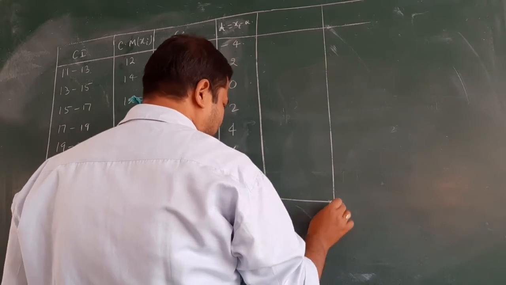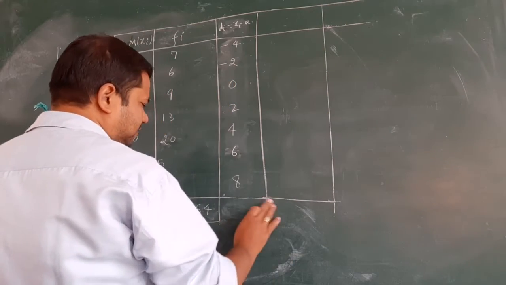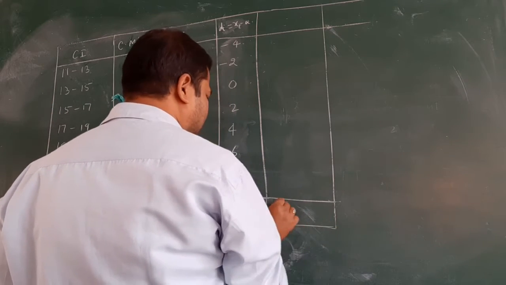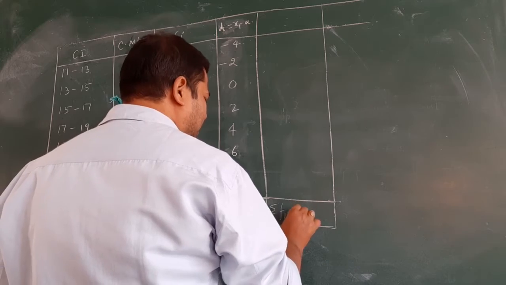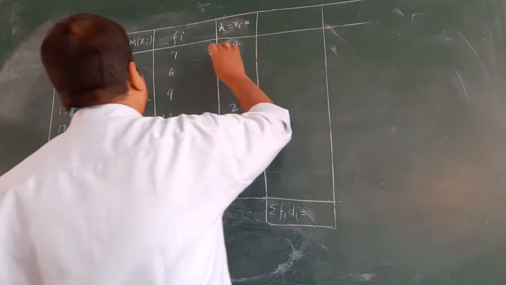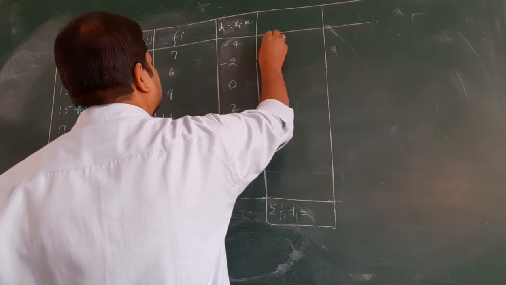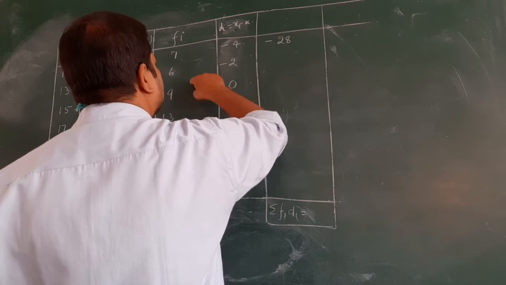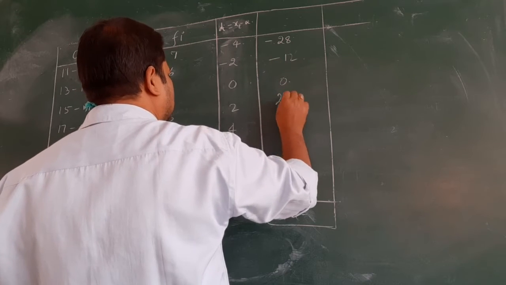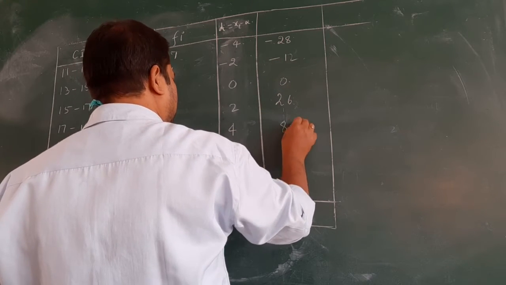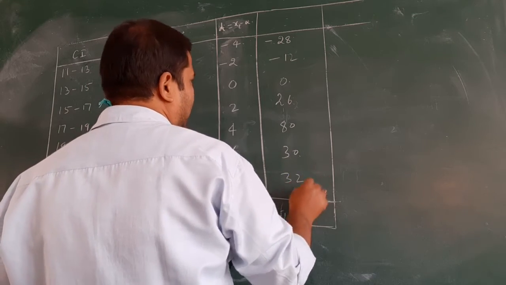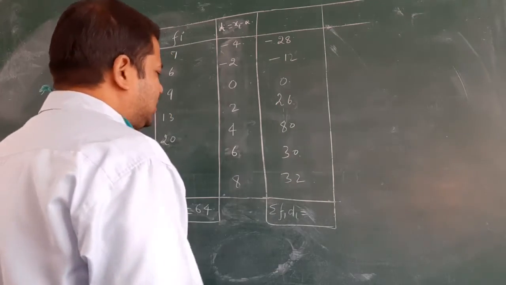Okay, now you make another column, Fi di. Now we find Fi di, and sigma of Fi di, that means the sum of these. So Fi di is minus 28, minus 12, 0, 26, 80, 30, 32. And how much is the sum of Fi di?